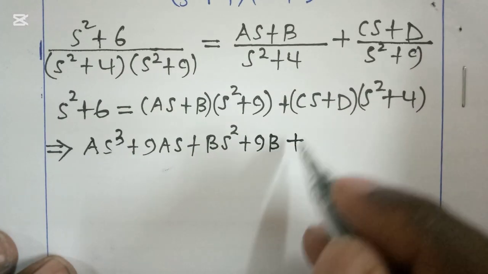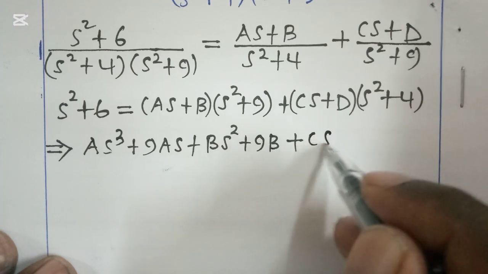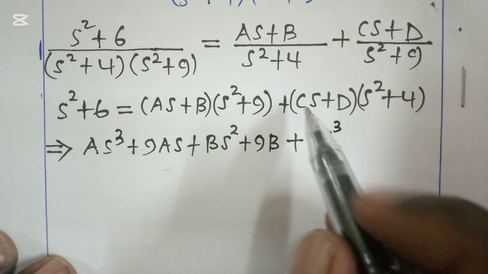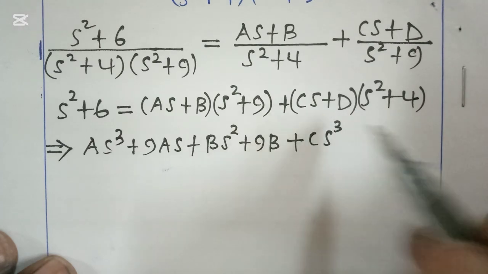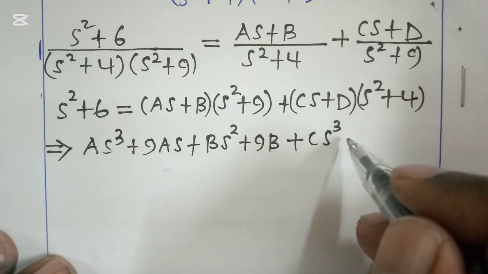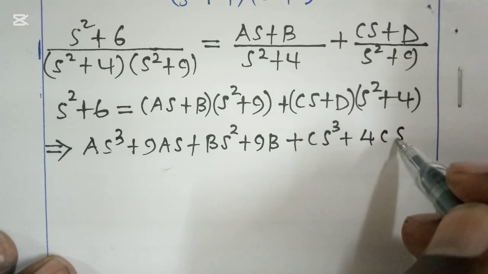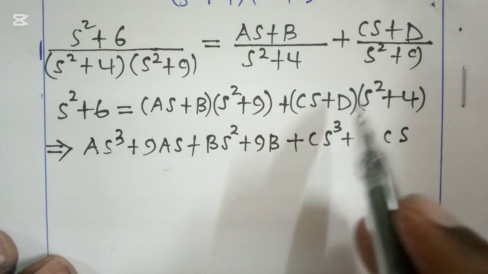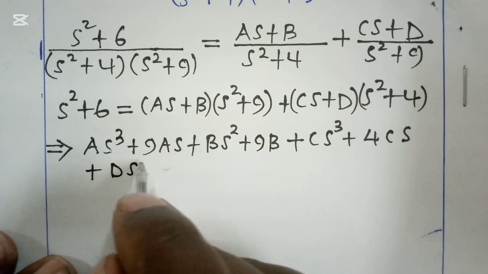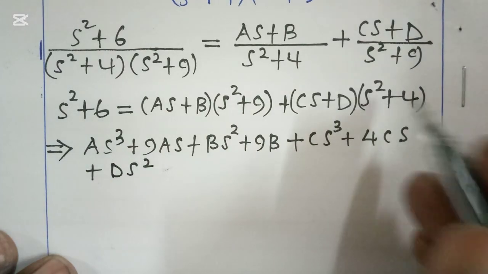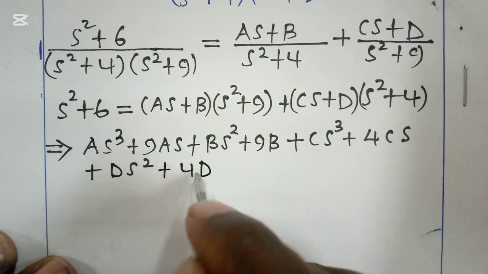Plus, you multiply cs by s squared, you will get cs cubed. Multiply that and that, this is 4, you will get 4cs. And finally guys, you have ds squared, and then plus 4d.